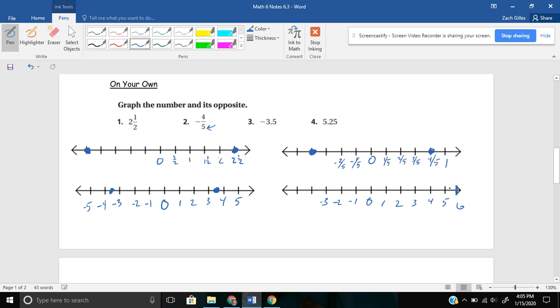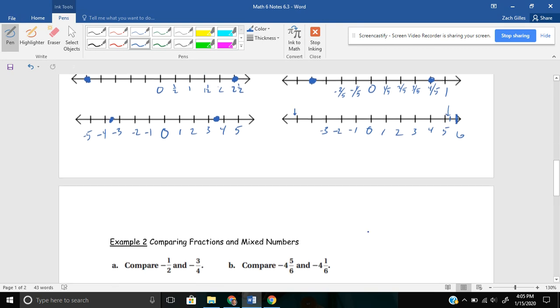So halfway is right there. That'd be 5.5. But I need 5.25, which would be in between 5.5 and 5. All right, so right there, it's really small, a little tricky to see, but I put an arrow to it. Same as negative 5.25. So right after negative 5 would be negative 5.25 right there. Okay. If you have questions on those, let me know.